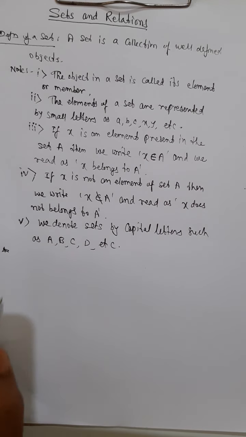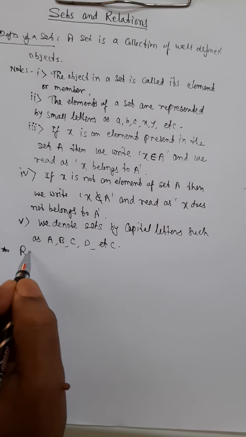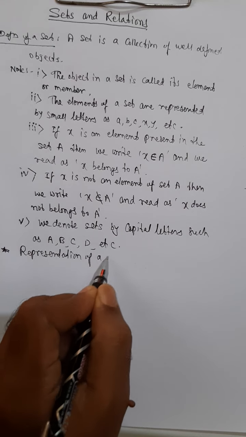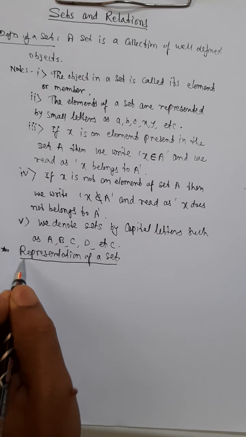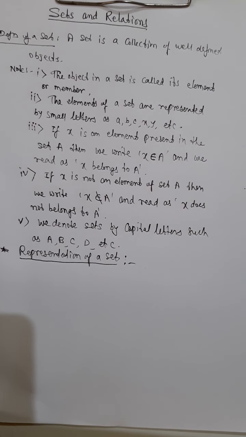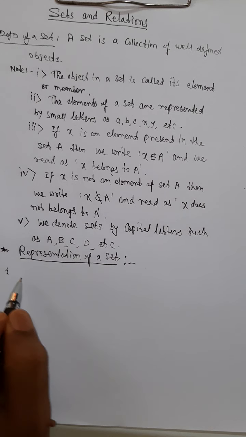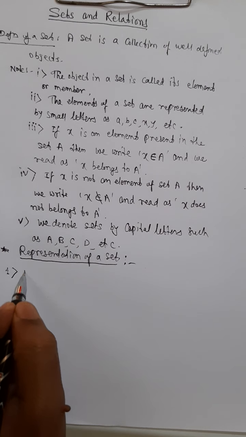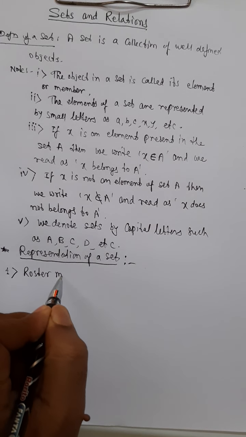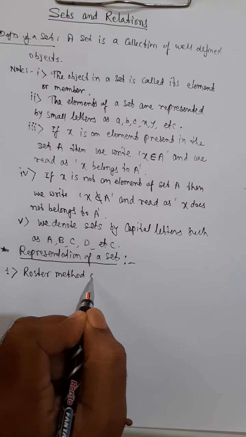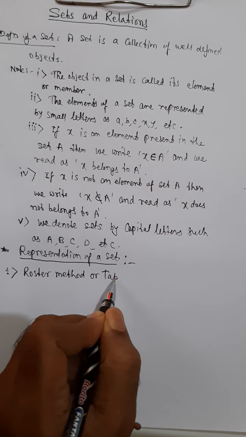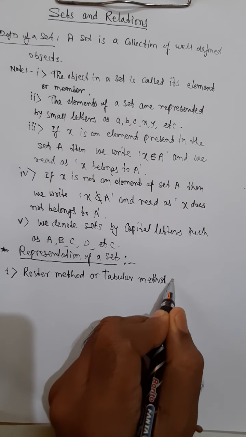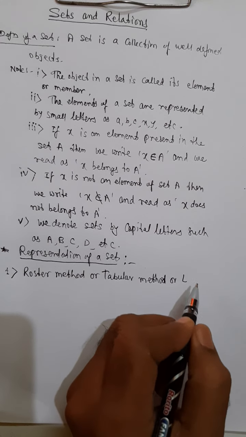Then we will see representation of a set. Mainly there are two methods to represent a set. The first method is the roster method or tabular method, also called list form method.